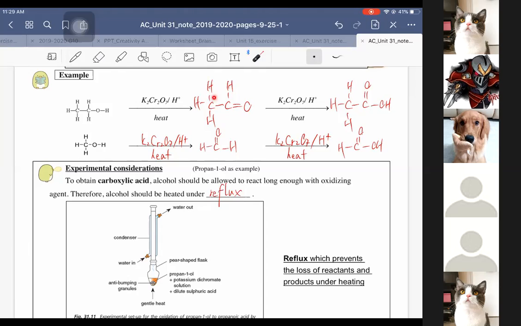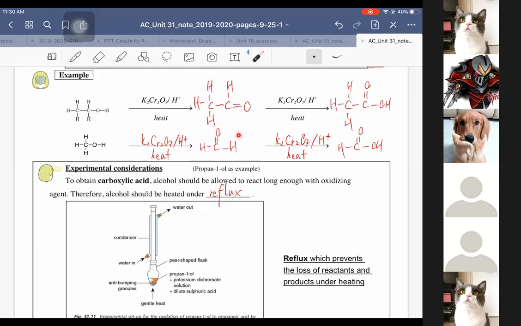If we take a look at the structure here, for alcohol, it will be able to form hydrogen bonds with another alcohol molecule because it has oxygen, which has lone pairs on it. It also has hydrogen attached to the oxygen. So for example, here we have methanol. This methanol can form a hydrogen bond to another methanol. Okay, but if we take a look at the methanal here, it only has oxygen with lone pairs, but it doesn't have any hydrogen bonded to the oxygen.